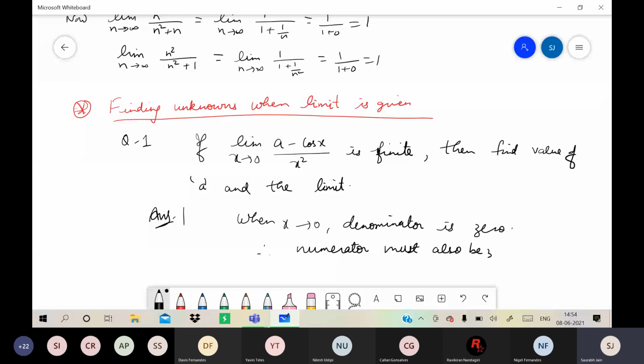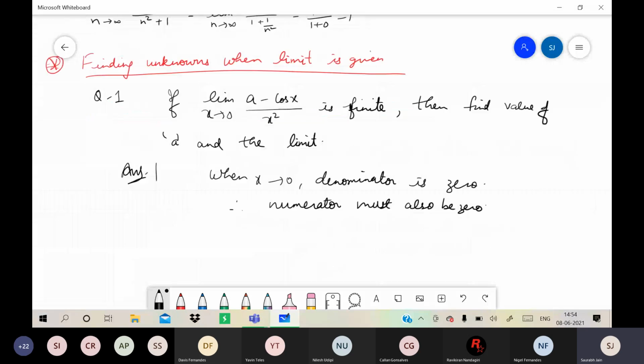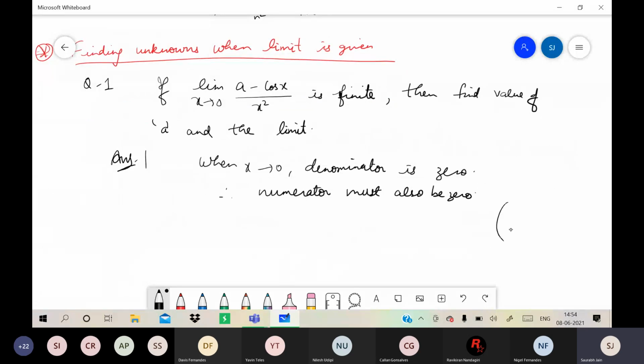Why is it so? Because what type of questions do we solve? These type of questions. Okay. Questions which are approaching these forms. You do not solve 2 upon 0 because 2 upon 0 will be infinity.